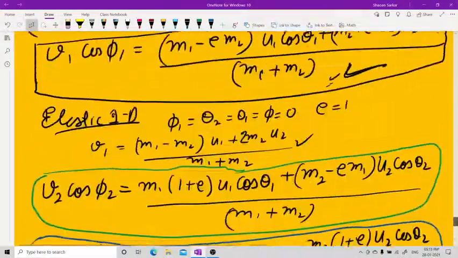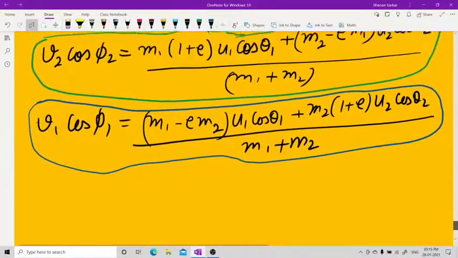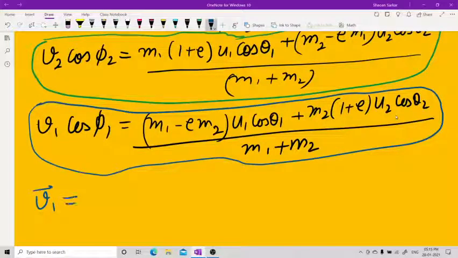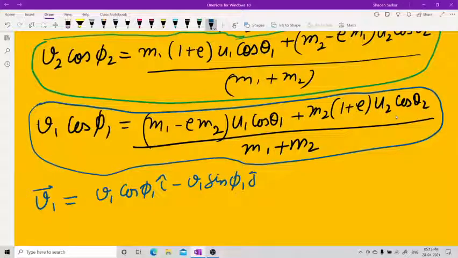Now let me write down the vector v1, with the green pen. The vector v1 is v1 cos phi 1 i cap minus v1 sin phi 1 j cap. Just put the value of this into this equation.